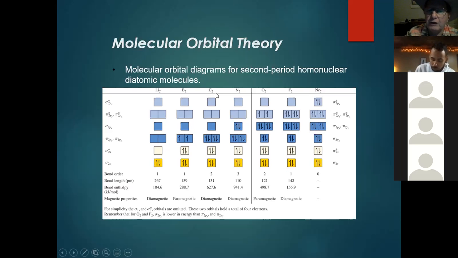So C2, because its bond order is 2, is a double bonded molecule. B2, on the other hand, has a bond order of 2 plus 2, 4 minus 2 divided by 2. It has a bond order of 1. B2 is a single bonded molecule.